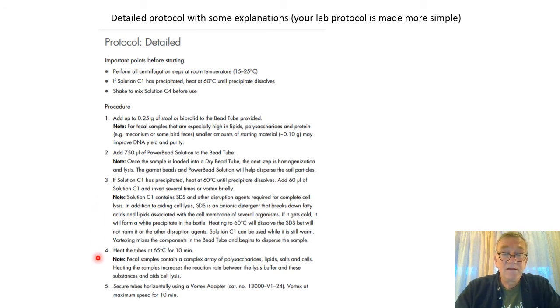We heat it to 65 degrees, so these other parts, these polysaccharides and lipids and salts and so on, will also be disrupted. And the vortex adapter and so on, we will not do, because we have this other instrument that you will see at the laboratory.